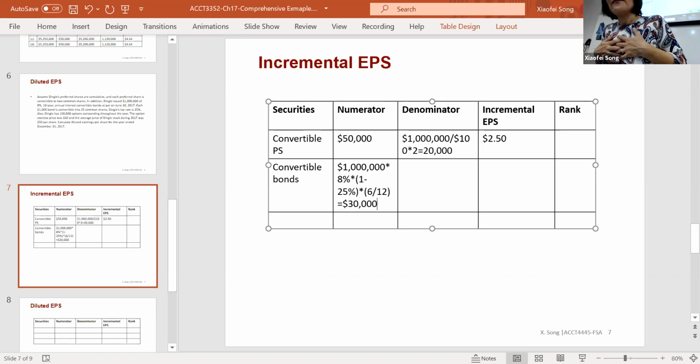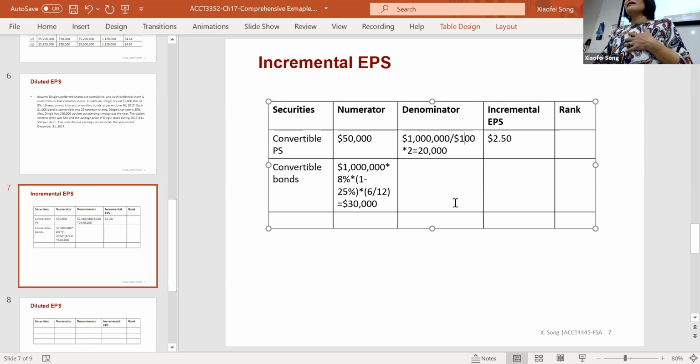Yes, how did you get the 20,000? It's 1 million divided by 100, so that's 10,000 preferred shares.